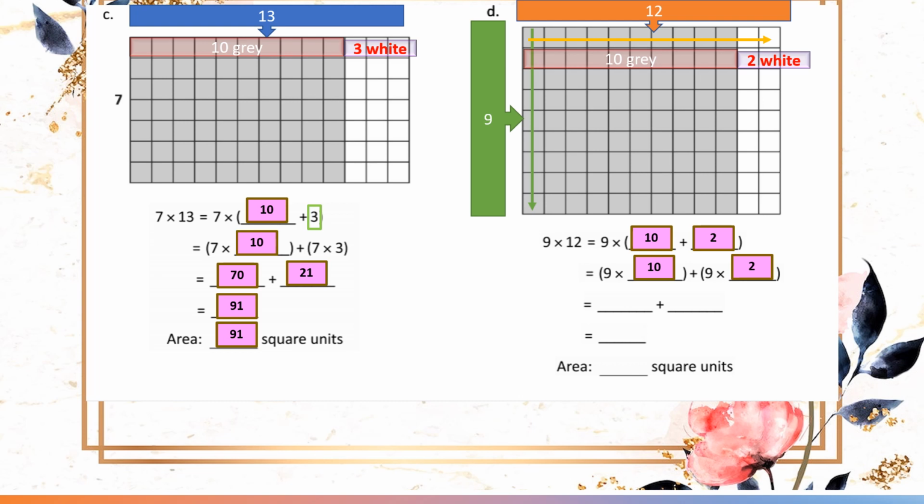Now let's go ahead and start solving. 9 times 10 is, if you said 90, you're absolutely correct. Plus 9 times 2, which is, if you said 18, you're absolutely correct. Now we just add those two smaller numbers. What's 90 plus 18?